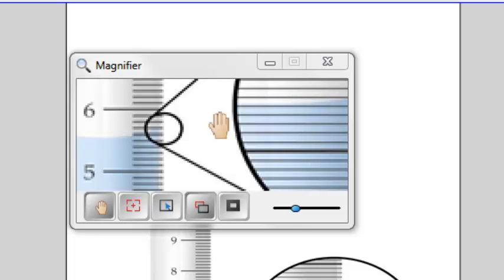There's 1, 2, 3, 4, 5, 6, 7, 8, 9, 10 markings there between the 5 and the 6. So that means each marking corresponds to 0.1 milliliters.